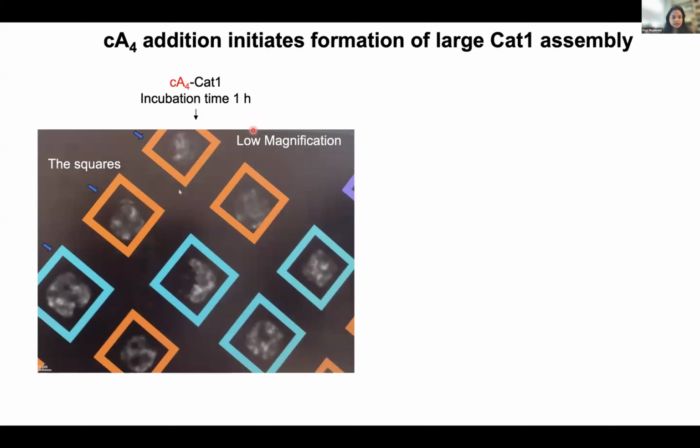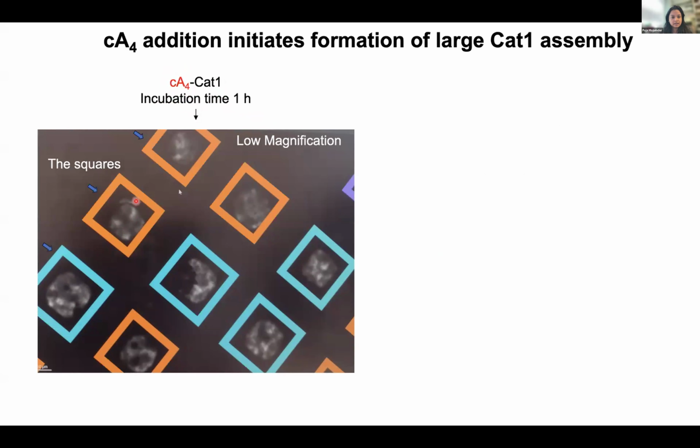This is the low-mag image of the atlas, where you can see the squares. The sample was so thick that it formed black patches on the squares, and we could not even see the holes.